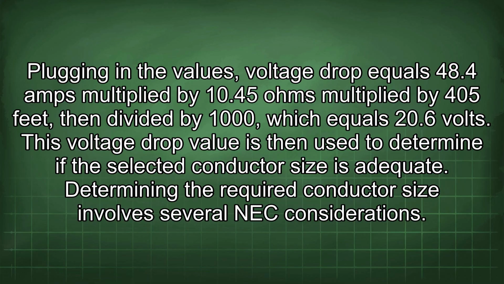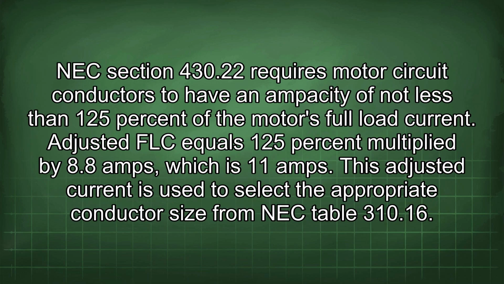Determining the required conductor size involves several NEC considerations. NEC section 430.22 requires motor circuit conductors to have an ampacity of not less than 125% of the motor's full load current. Adjusted FLC equals 125% multiplied by 8.8 amps, which is 11 amps.